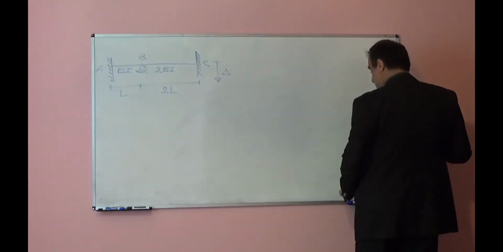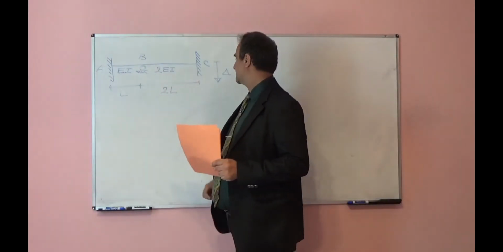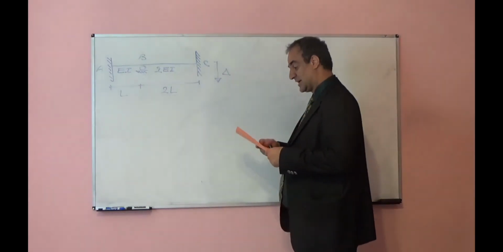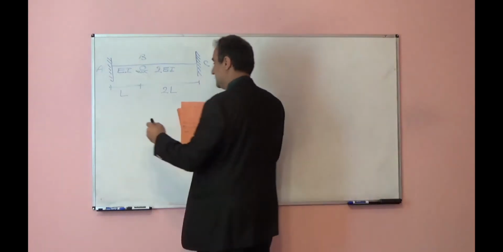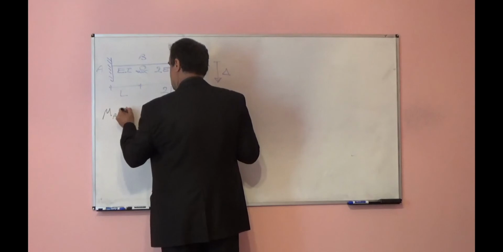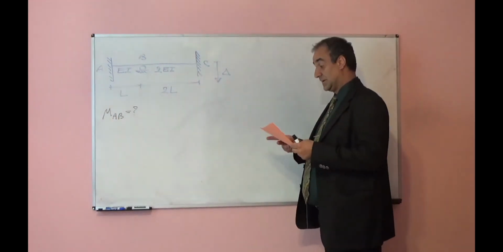Settlement at support C is equal to delta. We want to find M_AB, the fixed end moment at support AB.